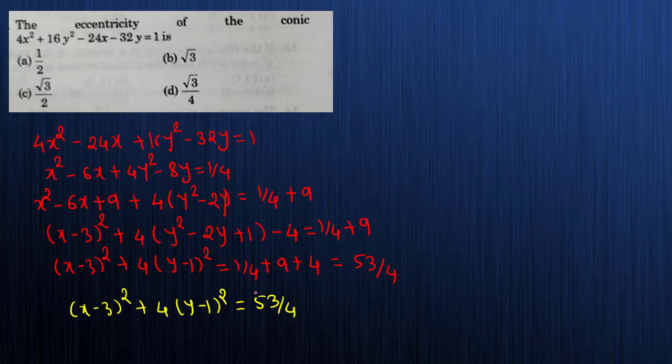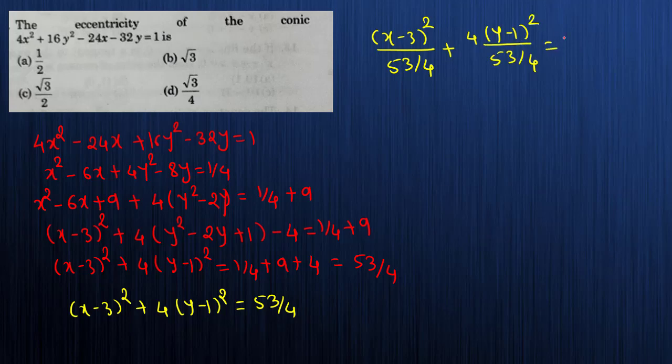Okay, then what you will do: I want 1 on the right hand side, so divide the whole equation by 53 by 4. So it is x minus 3 whole square divided by 53 by 4 plus 4 into y minus 1 whole square upon 53 by 4, which equals 1.